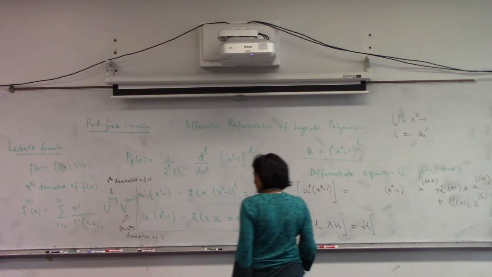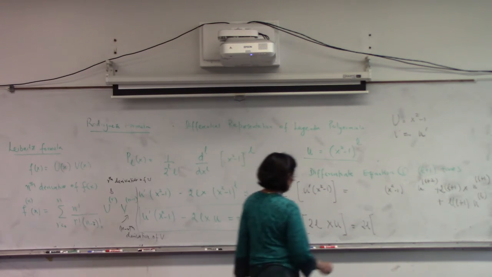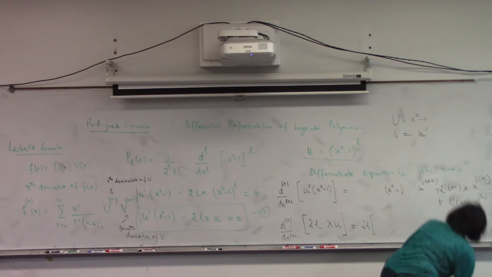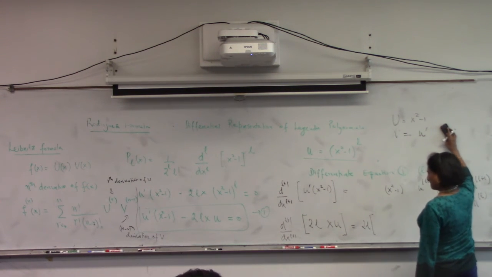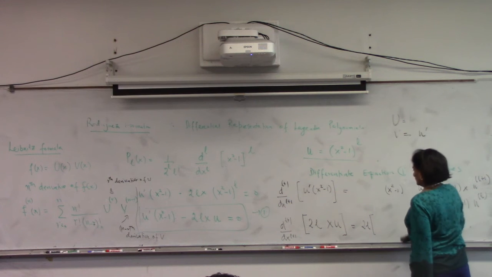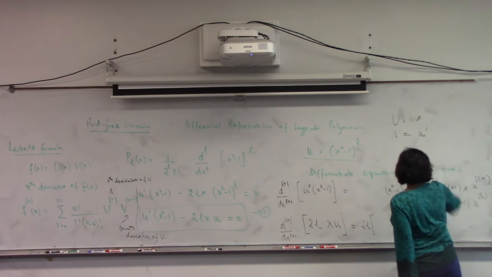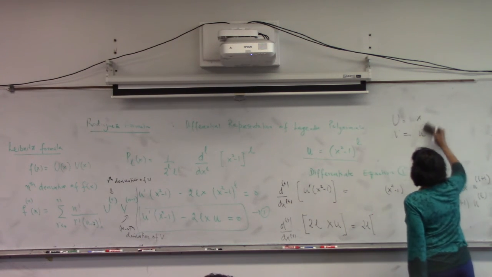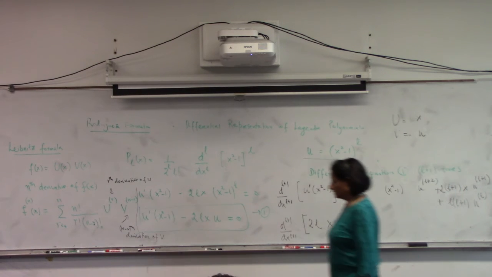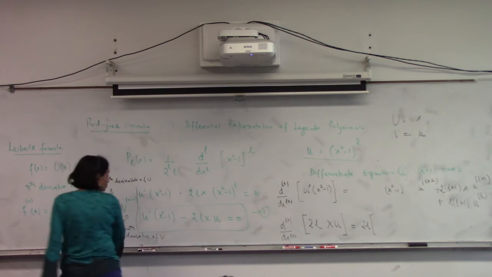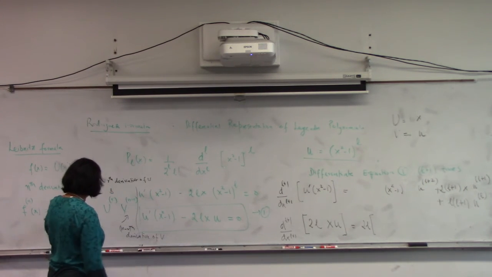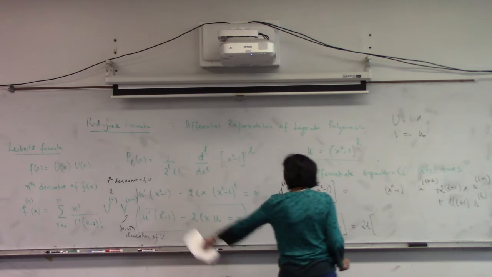In this case, I'm going to take my u to be x, right? u to be x, v to be u. So this will have only 2 terms, unlike the other one which had 3 terms. So the first term will be 1, okay?